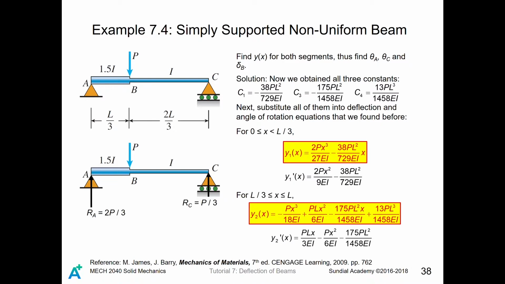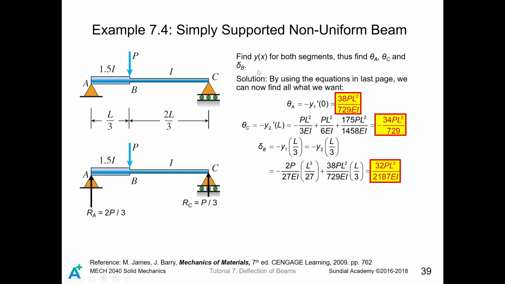Okay, so after we put all those solved unknowns into the deflection curve equations or angle of rotation equations, we will get those 2 deflection curves for different domains, from 0 to L divided by 3, and from L divided by 3 to L. Then we can find theta A, theta C, and delta B by substituting the location of them.